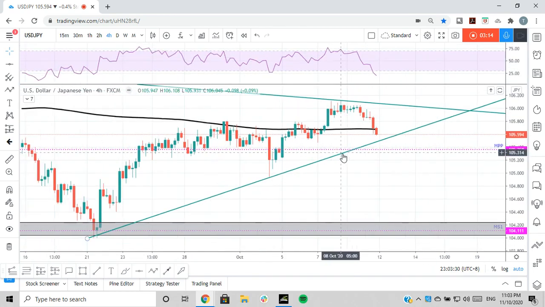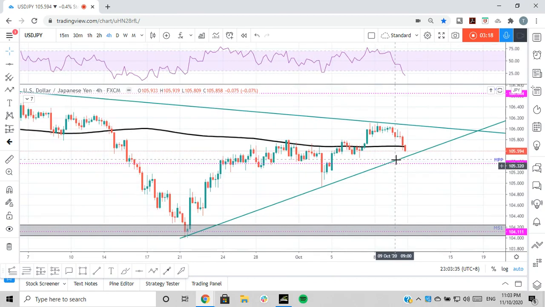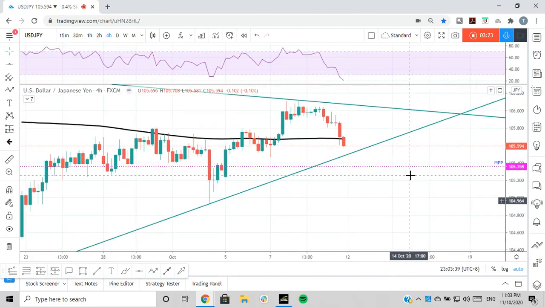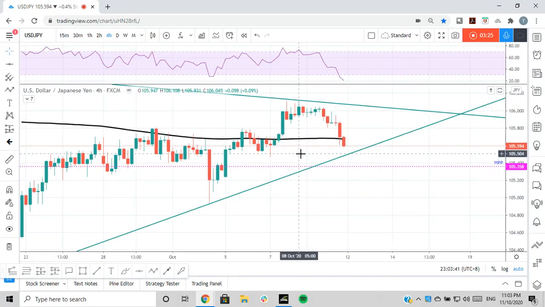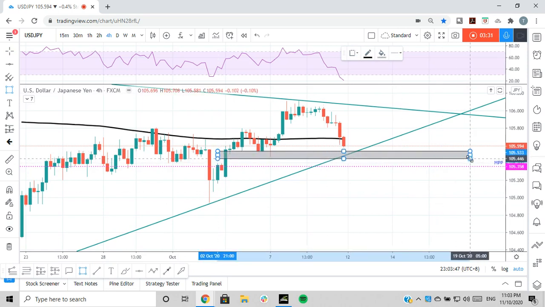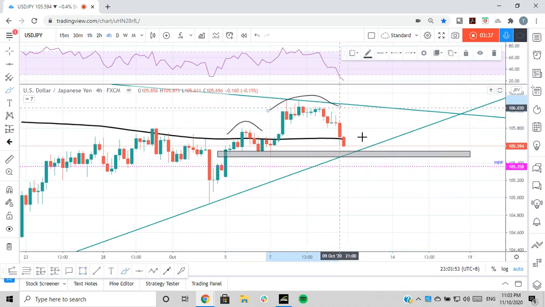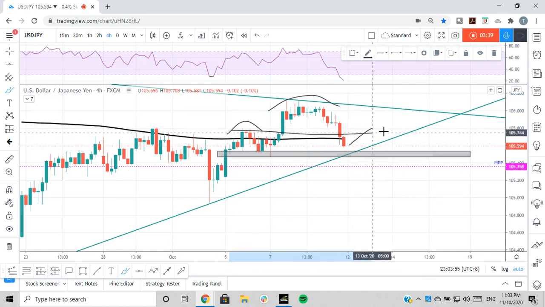Now on the 4 hourly time frame, you'll notice that we might possibly be looking at a possible HNS. This is what I think will happen, but we will have to see whether the market is going to go this way. This is what I mean by the HNS, meaning we might be having something like this, and then towards this area, this is the right shoulder.